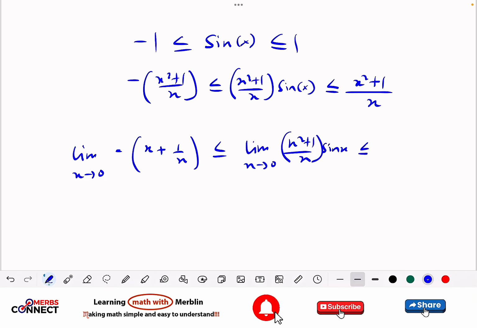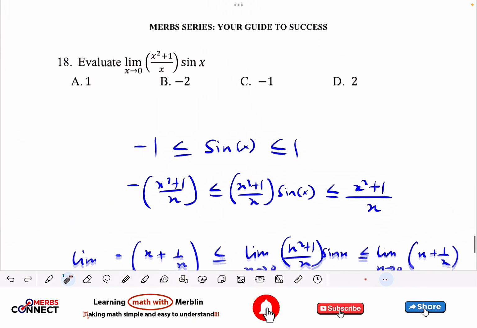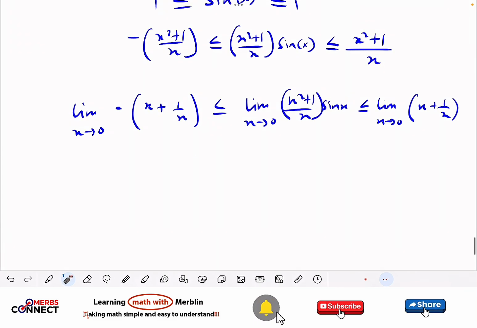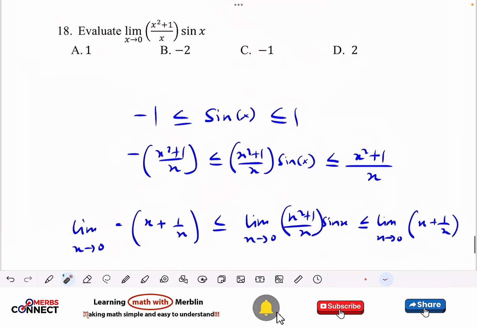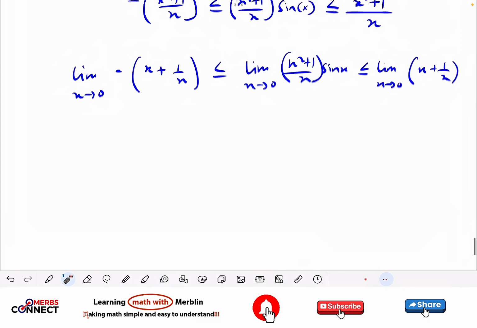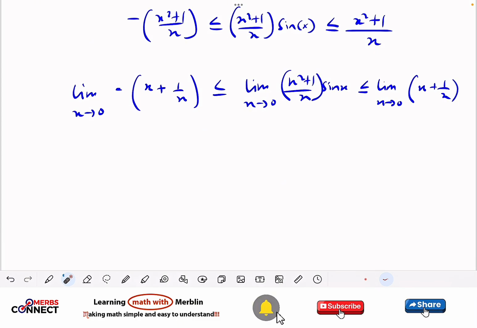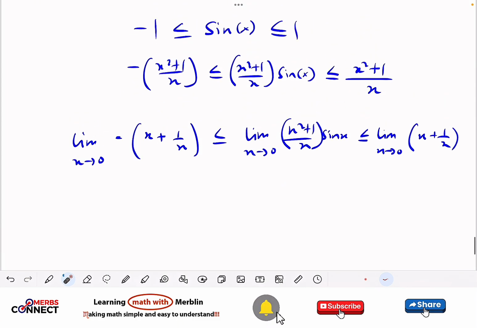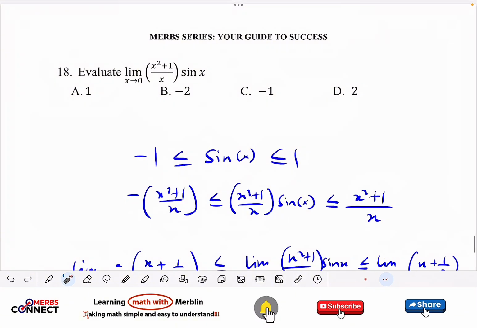Then this is also less than or equal to the limit as x approaches 0 of x squared plus 1 over x. So what are we going to get from this using the squeeze theorem? Let's see what is going to happen right here.